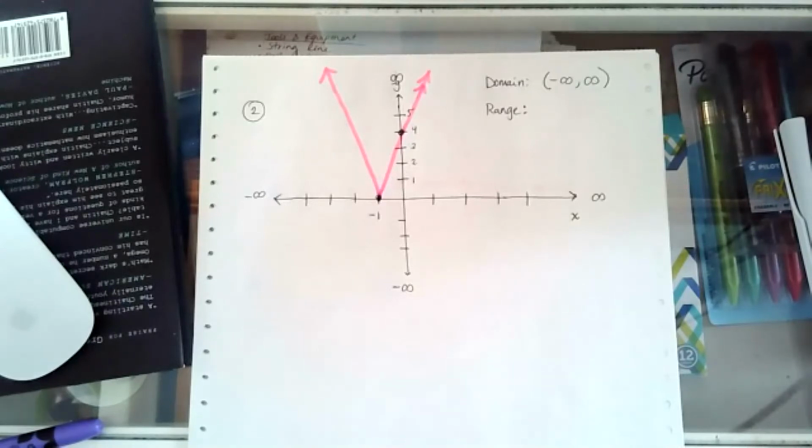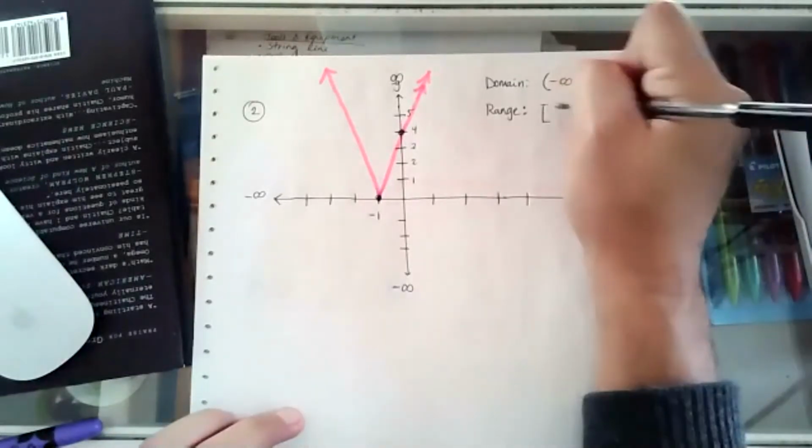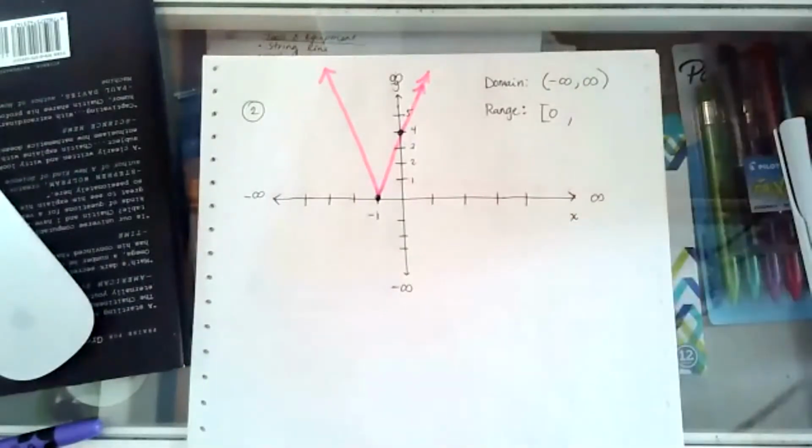What is the lowest y value that this graph goes down to? 0. Yeah. And then what is the highest y value that the graph goes up to? Or is it bounded above?